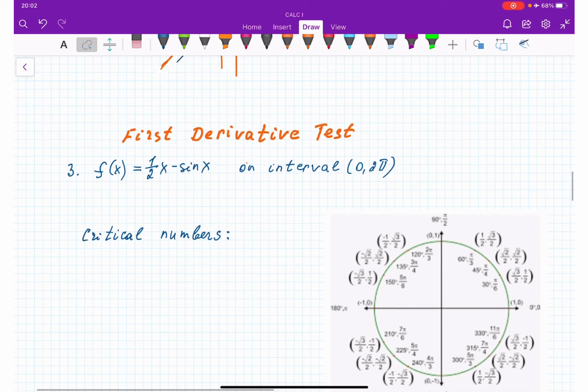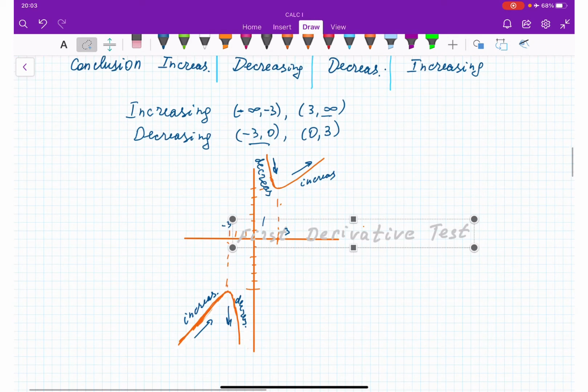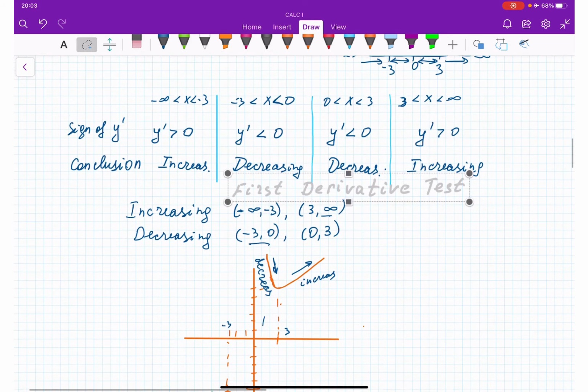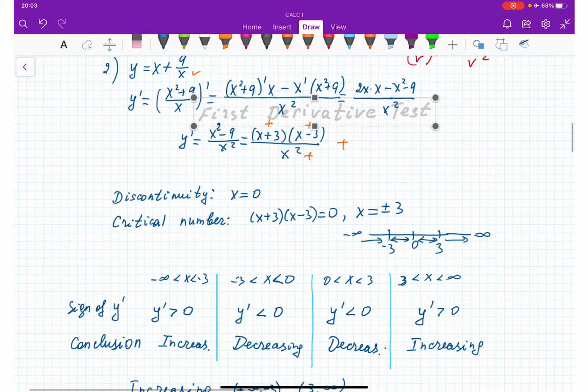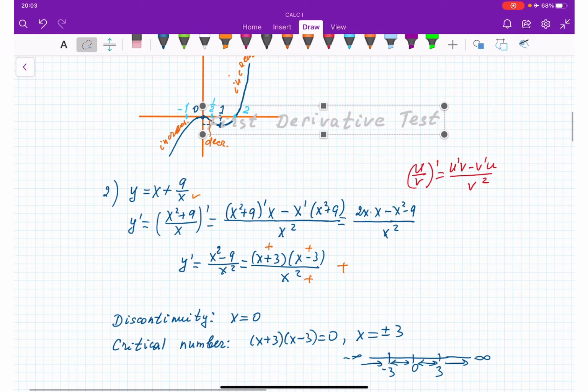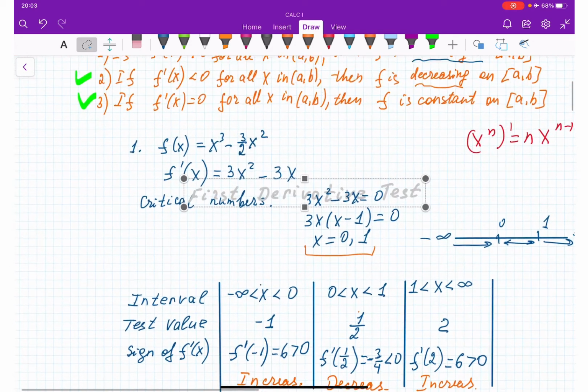Actually this title I could put right on the top, because I'm using the first derivative test to identify where it's increasing, where it's decreasing, and where our critical points are.